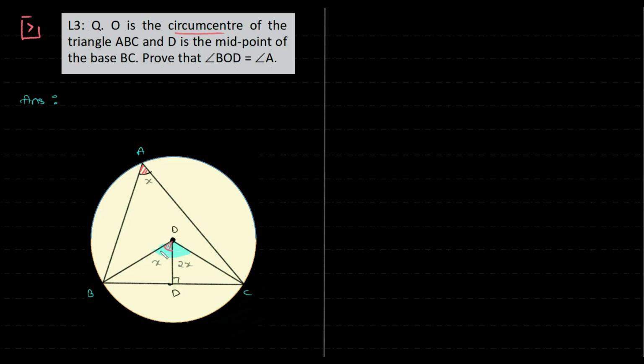Now you guys have to give the reason why it is so. So this is x and this is also x. Why is it so? Well, because OD bisects 2x, so the other half will be x.